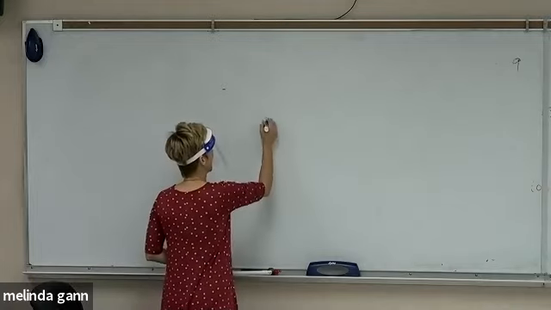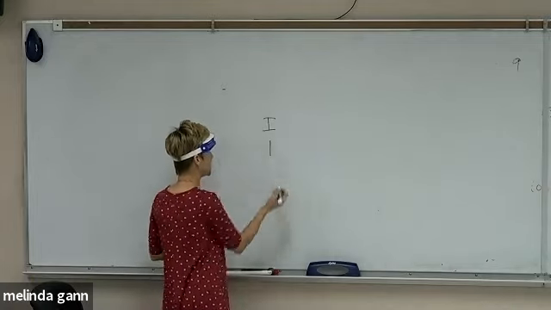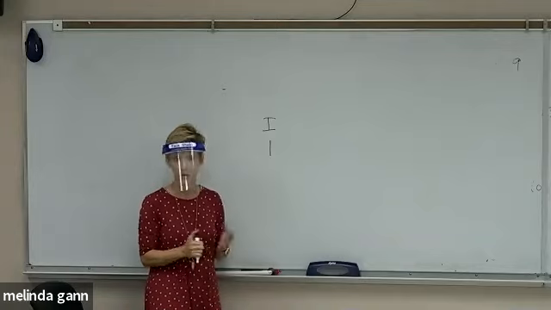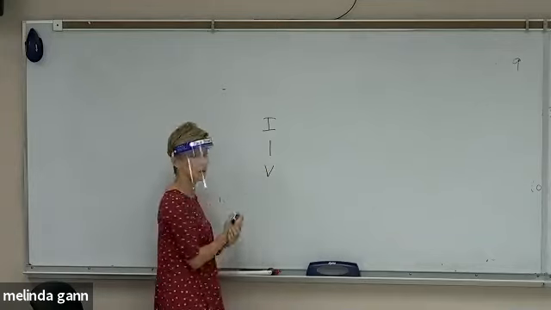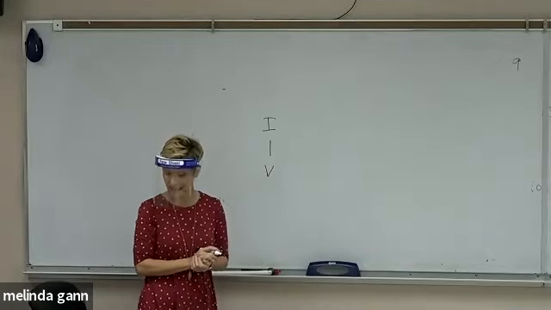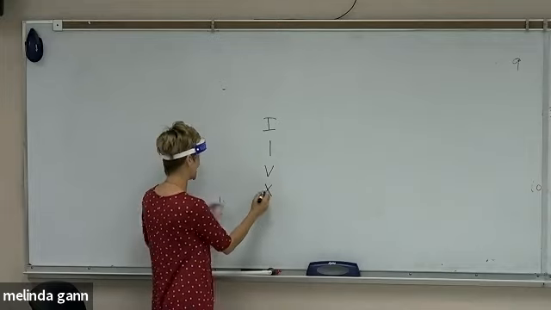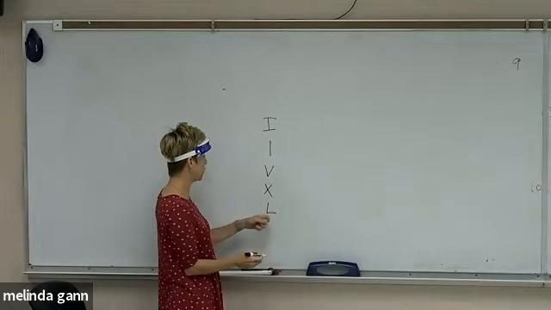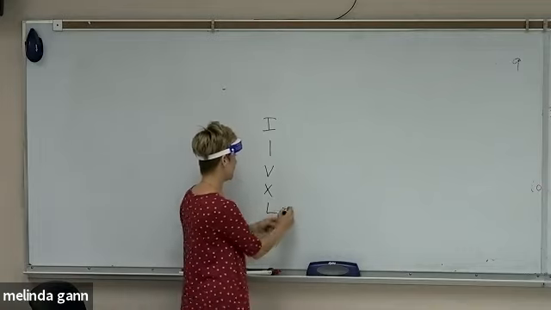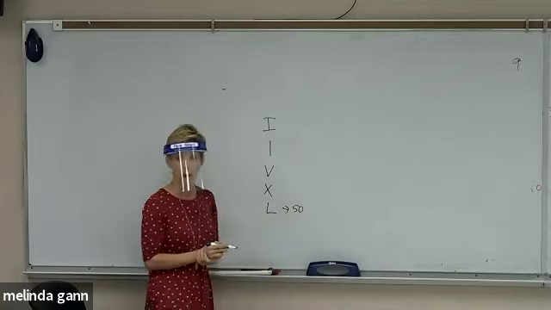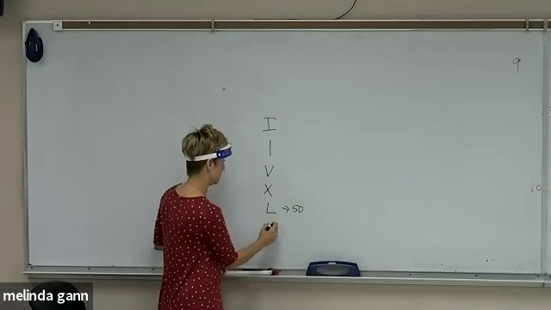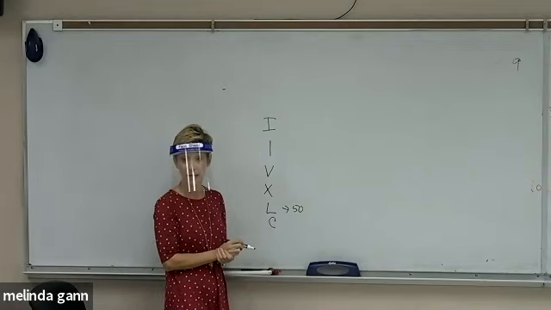So when you see like an I, sometimes people get lazy and put a tally mark. What's that picture stand for? A 1. What's a V? 5. You know what a 10 is? It's an X. Now this one, a lot of people don't know. You know what an L is? It's 50. All right. What's 100? C, isn't it?